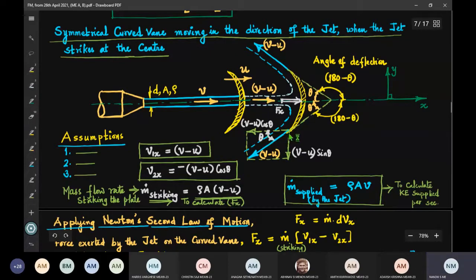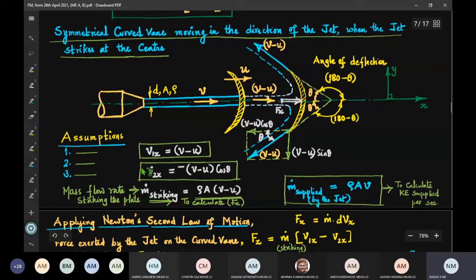So v minus u is inclined at theta to the horizontal, therefore the component of the deflected jet velocity in the x direction is (v minus u) cos theta. But remember, it is directed in the negative x direction, so we have to put a negative sign when we write the mathematical expression.